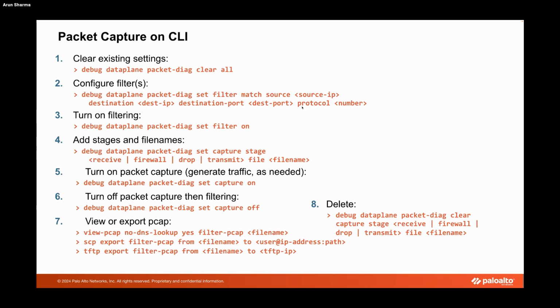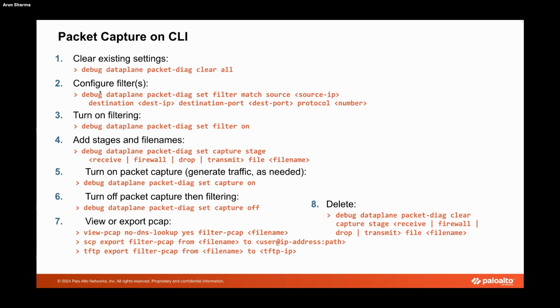I would suggest you just use the GUI, because these are long commands and we can easily make mistakes. If it's a sensitive environment and we are trying to get a packet capture, it's always healthy and safe to do it on the GUI.